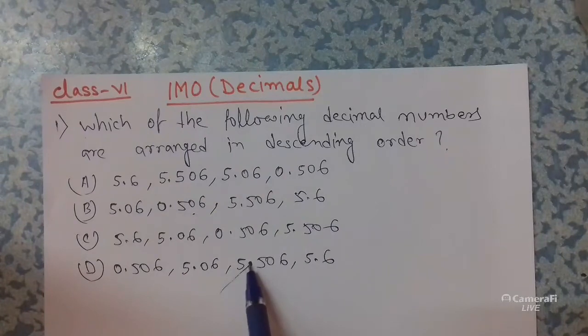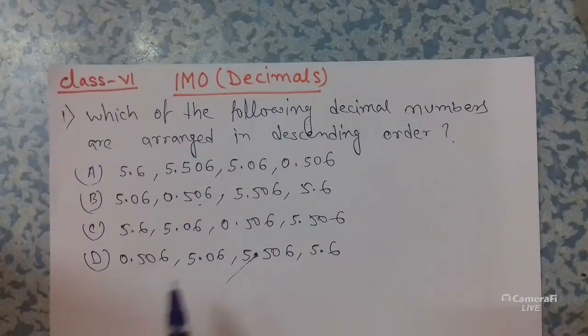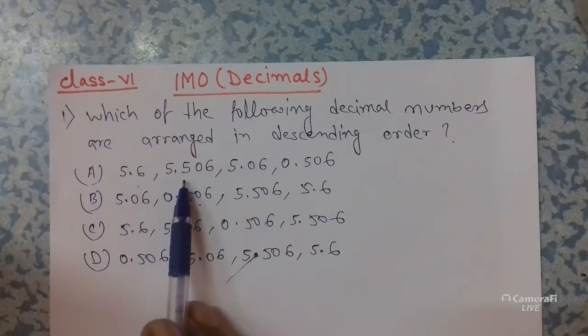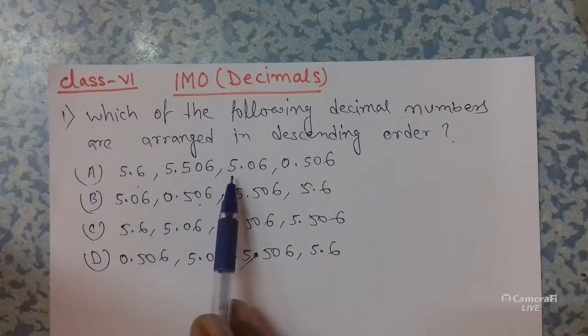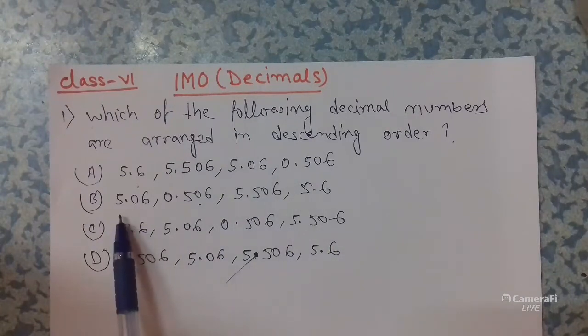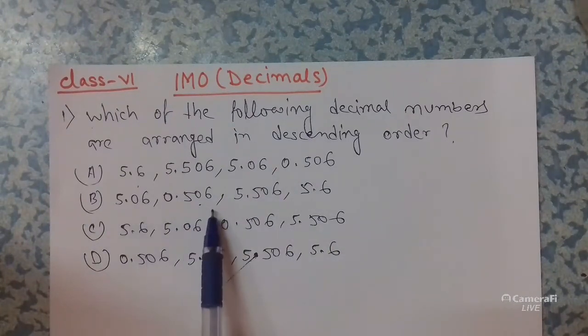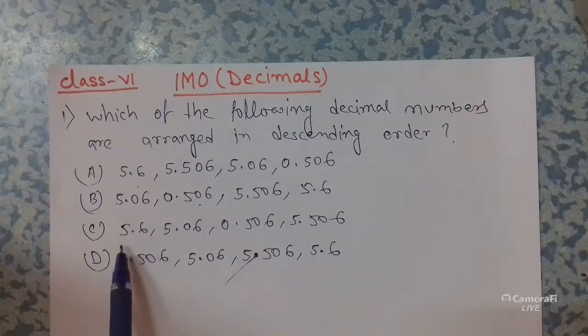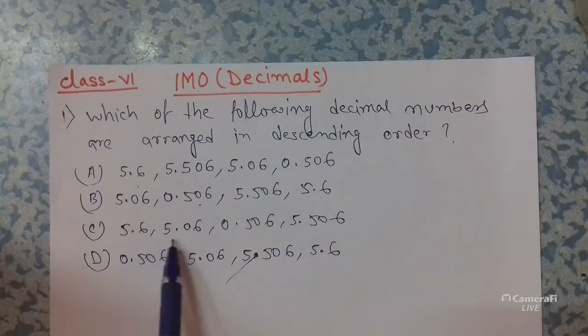So here, this one is 5.6, then 5.5, then 5.0. It is not in descending order. This one is also not in descending order. This one is 5.6, 5.06. It is not.